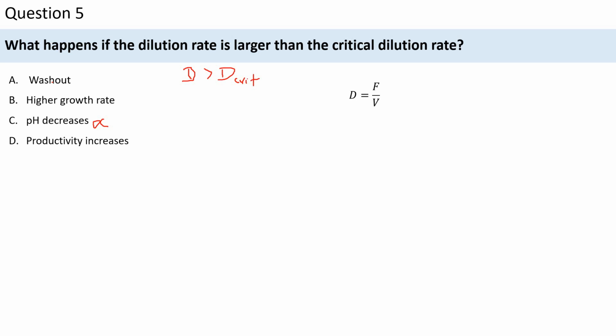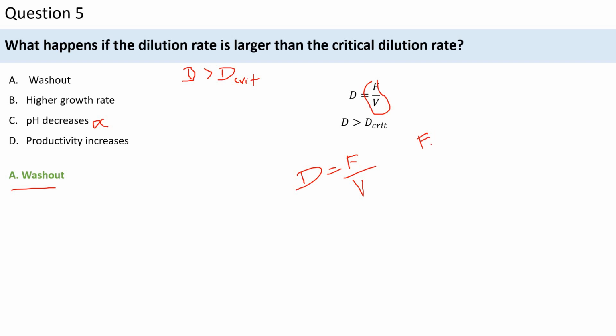We know that D is equal to F by V, right? So when D is greater than D critical, I have given the answer washout, but I'll explain why I'm saying washout happens. If it's D critical, then F will be the critical flow rate.